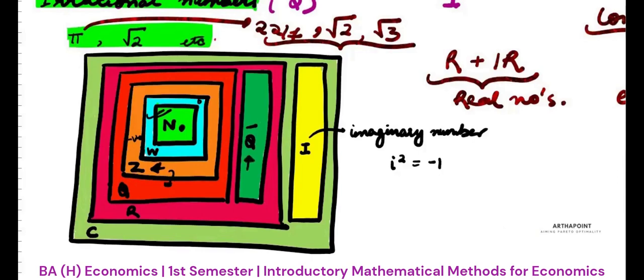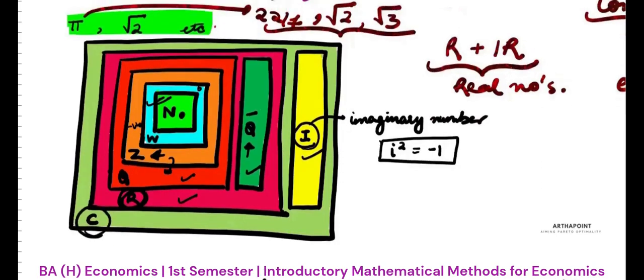Q and Q bar together form real numbers represented by R. Then we have imaginary numbers represented by I, and real plus imaginary numbers together form complex numbers. So this is how our number system looks.